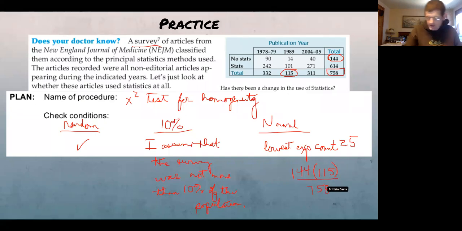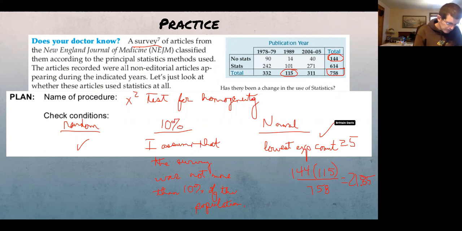The absolute lowest expected count is going to be 21.85. So yes, we meet this condition.